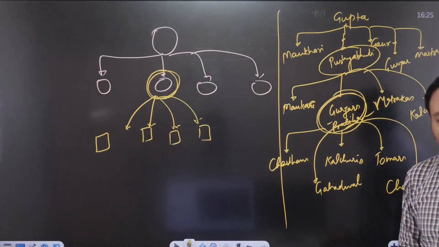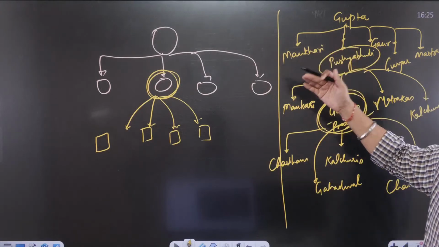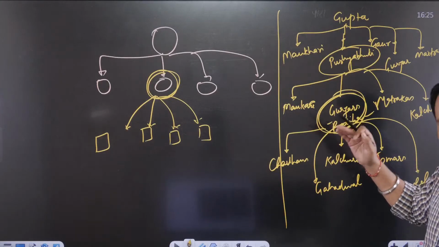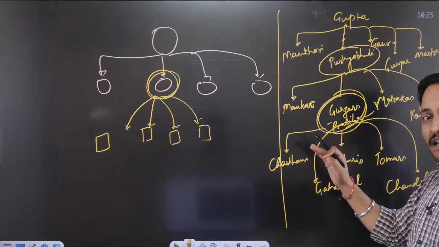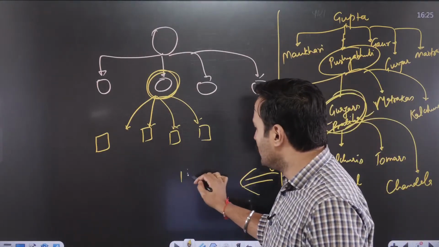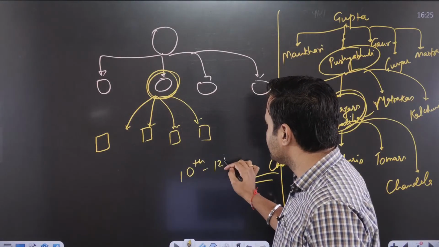Right, everyone? So you are able to see that at every passing level, the number of dynasties are increasing at each of the levels, and eventually we are reaching the Rajput period.